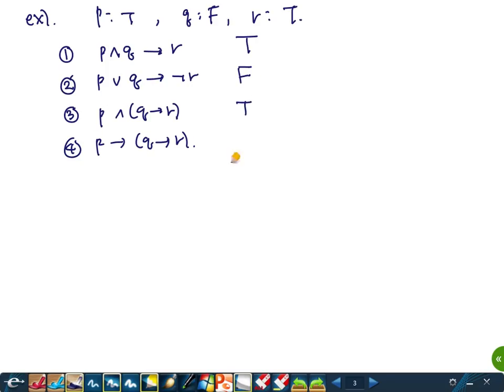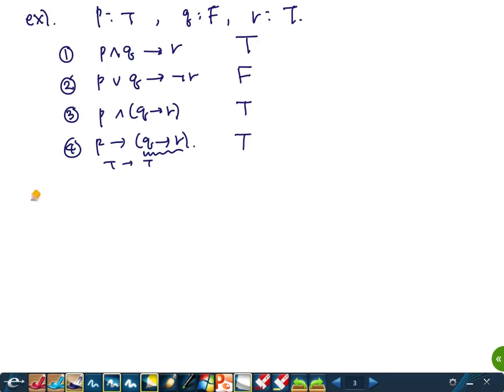So it's true. What about this? We need to determine this first. This is true, because the assumption was false. So true, then true, so it's true. You can determine the truth value by computing the proposition inside a bracket first.